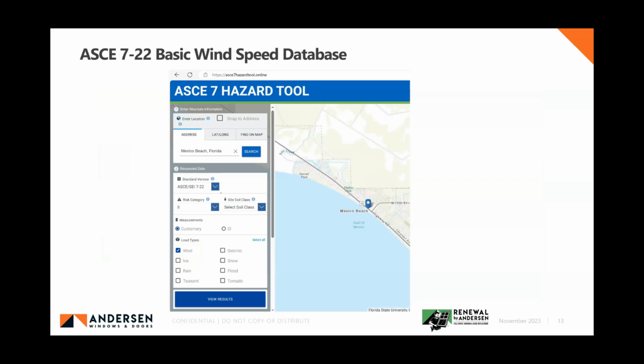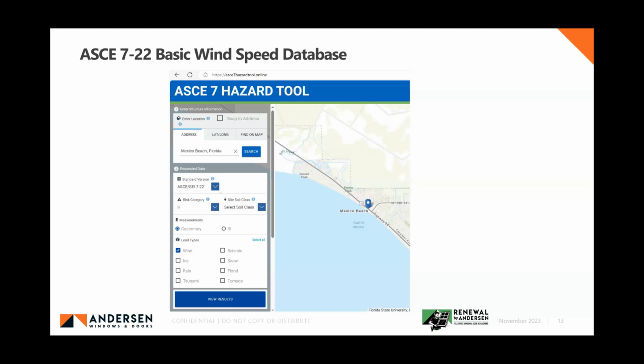You'll have to, through the scroll down menus, pick what version of ASCE 7 you're going to use. Okay, for this example in the screenshot, I'm using ASCE 7-22, but you could pull from ASCE 7-16 or ASCE 7-10. But the hazard tool will not give you ASCE 7-05 and earlier design wind speeds, only ASCE 7-10, 16, and 22.